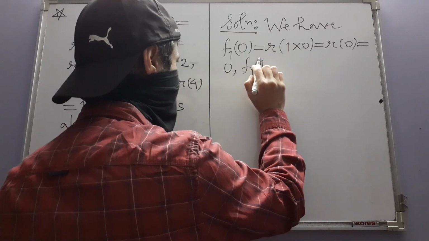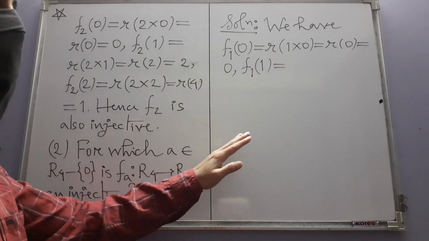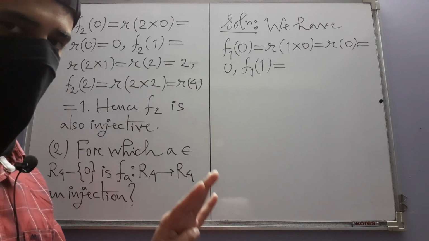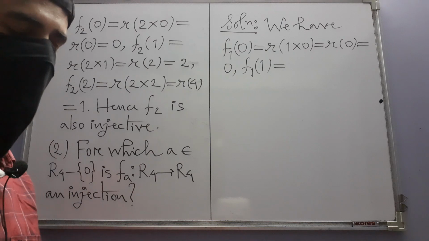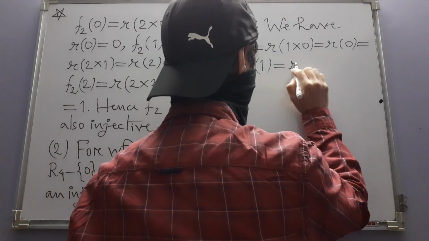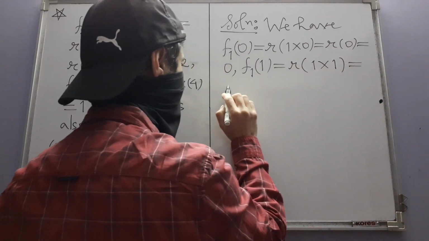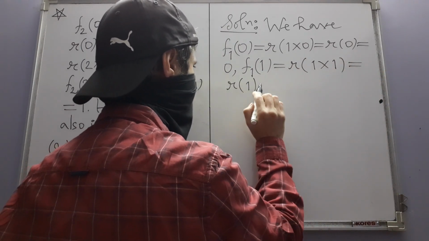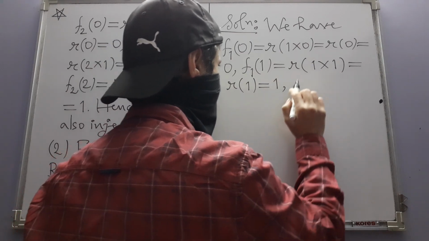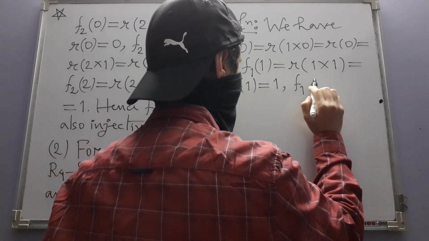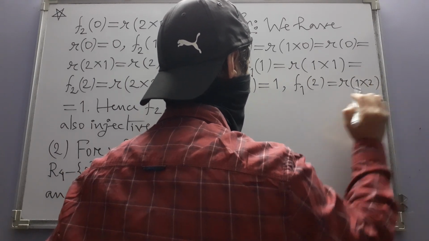f1 of 1, and also this time each function has to be calculated at 4 inputs, because R4 has 4 elements, 0, 1, 2 and 3. So when you divide 1 by 4, the remainder is 1. f1 of 2 is r of 1 times 2.